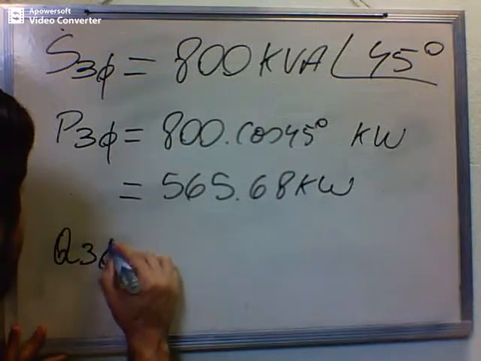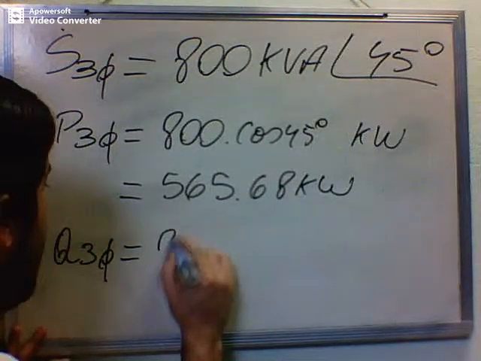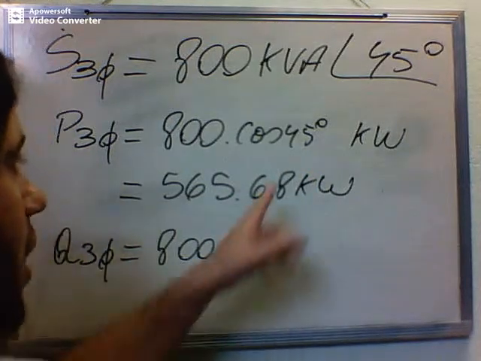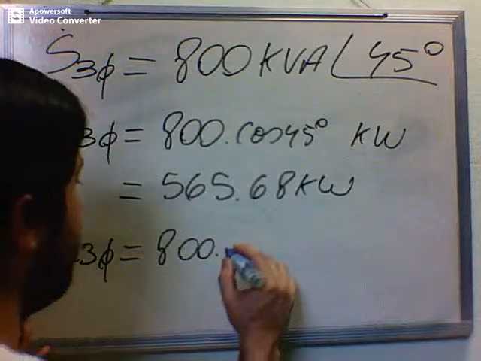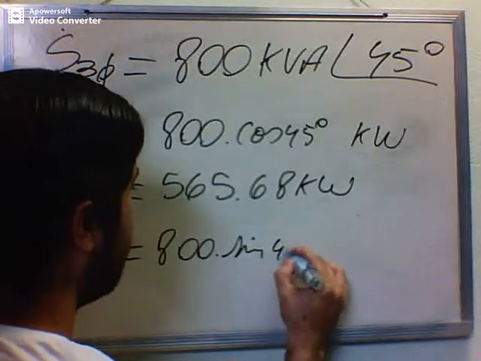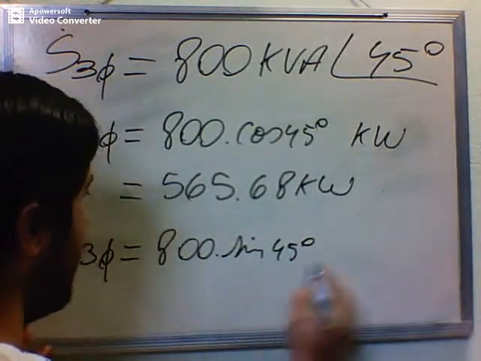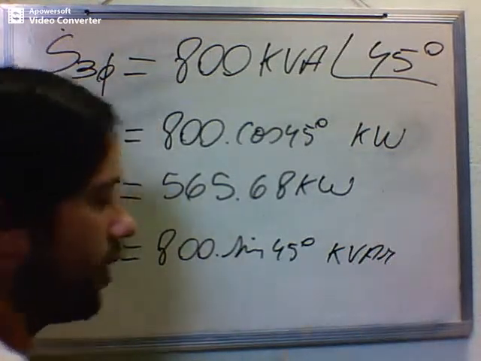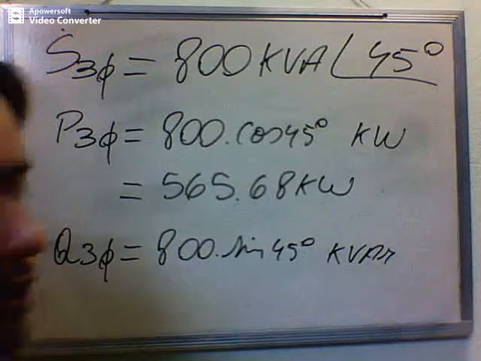Q three-phase is going to be equal to 800, in the same way multiplied by the sine of 45 degrees, and this is going to be in kVAR, volt amperes reactive.